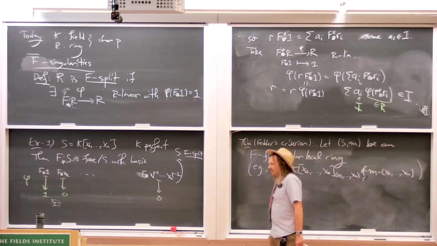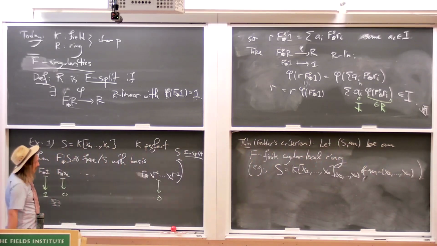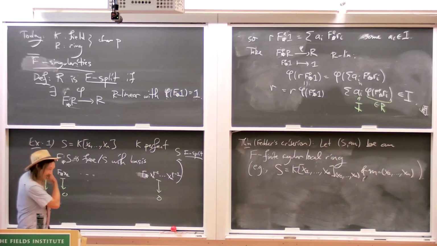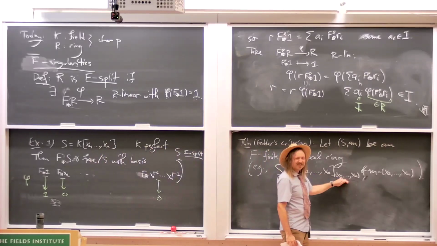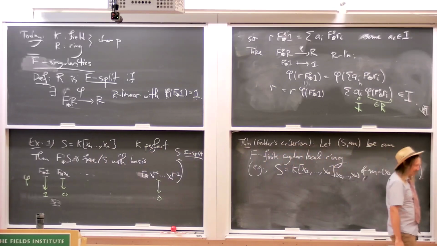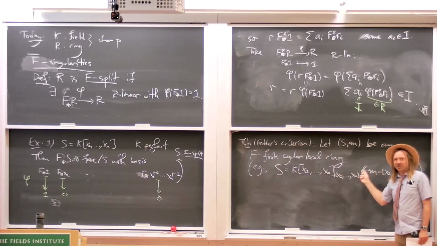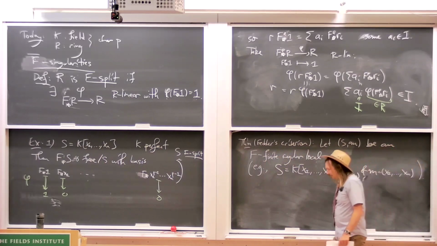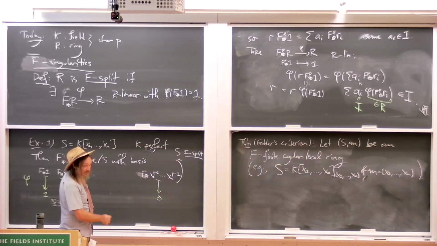A localization of a polynomial ring at the maximal ideal generated by the variables. If you're not familiar with these localizations, this is discussed in the lecture one notes, and I can talk about it more in the problem session.